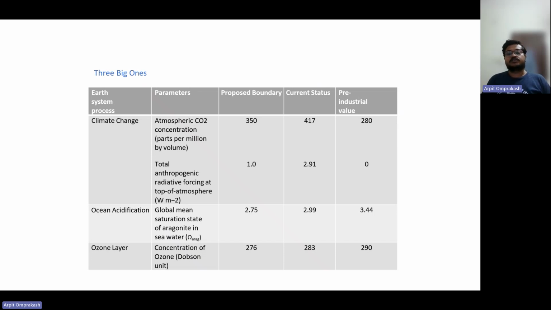We tried to increase the ozone layer or let it refill. So that increased the concentration of ozone again into almost safe level.